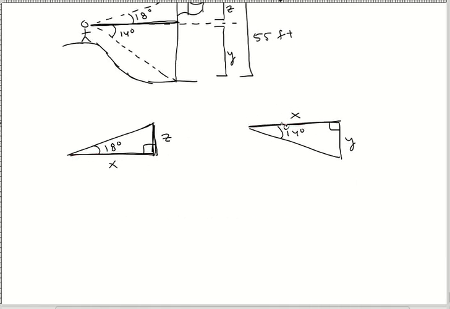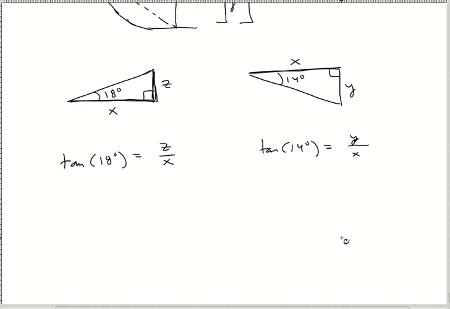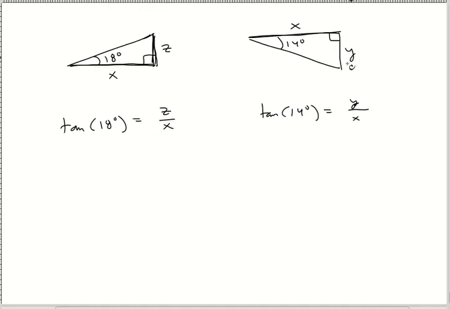Both of these problems are using opposites and adjacents. Opposite and adjacent, I would use tangent. So tangent 18 degrees is equal to opposite is z, adjacent is x. Tangent of the 14 degrees, opposite is y, adjacent is x. Okay. I know you're thinking, well, why is a negative here? No, just don't worry about that.